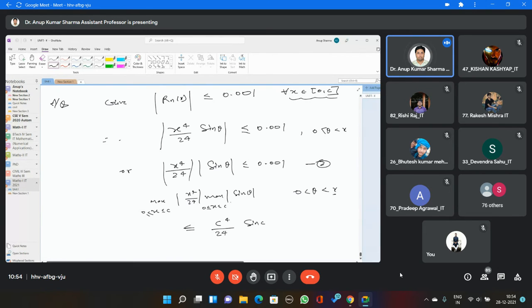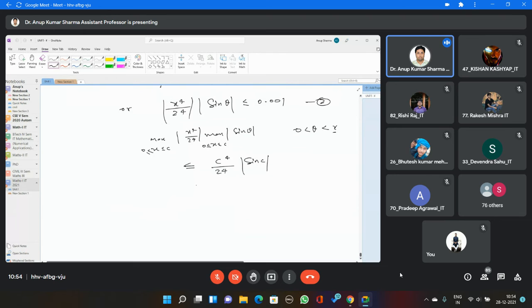So we are taking maximum value c. This one is again less than or equal to c to the power 4 upon 24, since sin c maximum is less than or equal to 1.